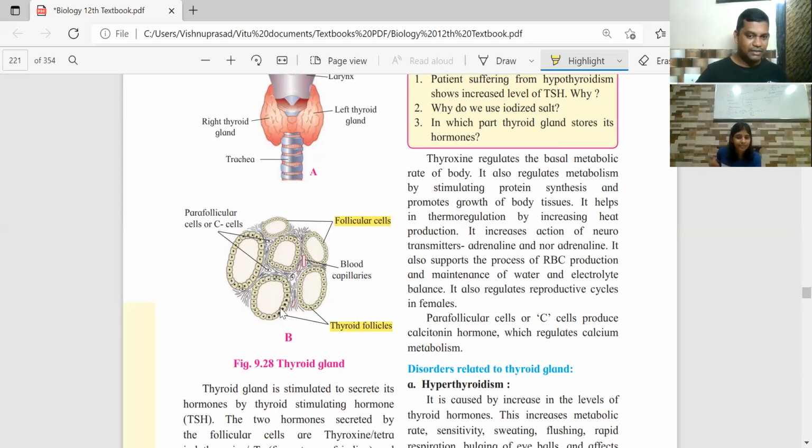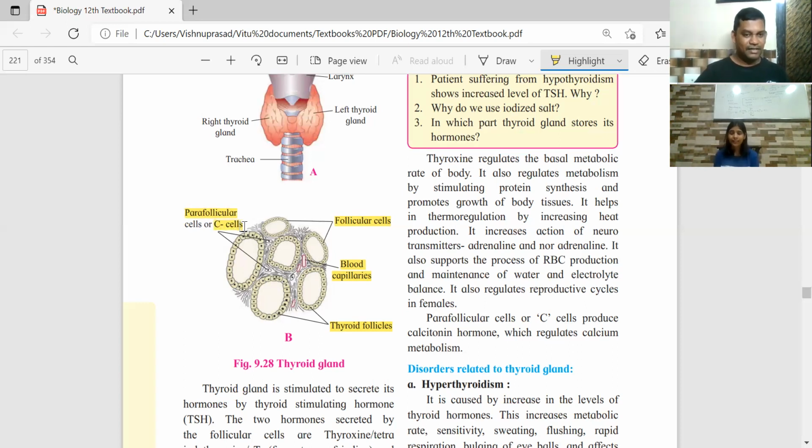In between the follicles, you can see there are blood capillaries present. It is supplied with a rich supply of blood vessels, and in between the follicles, you can see there are small cells present. Do you see them? They are called the parafollicular cells, also called the C cells.